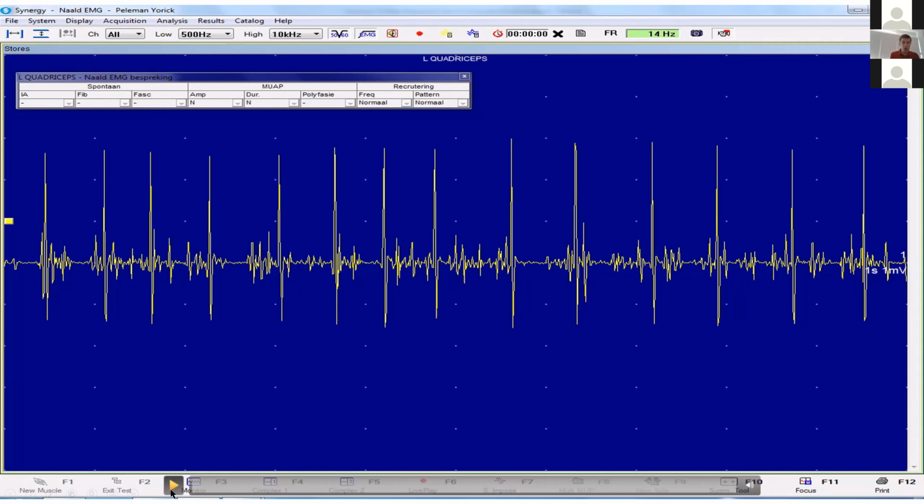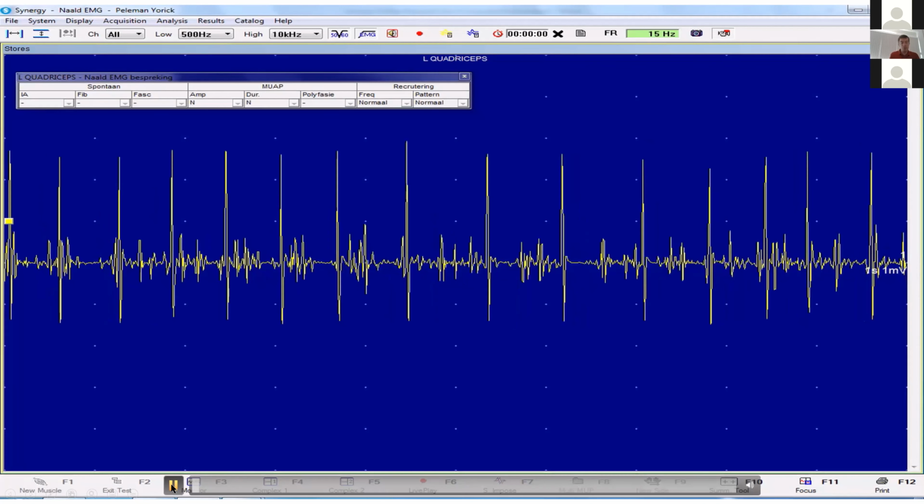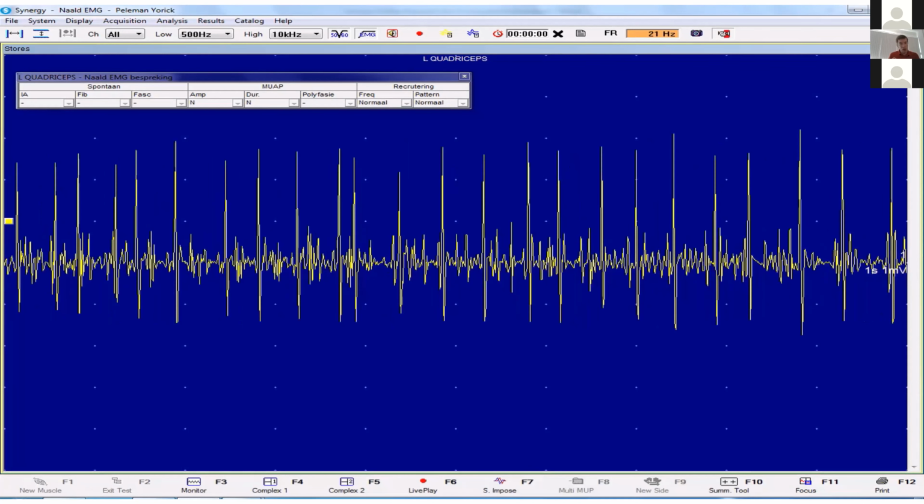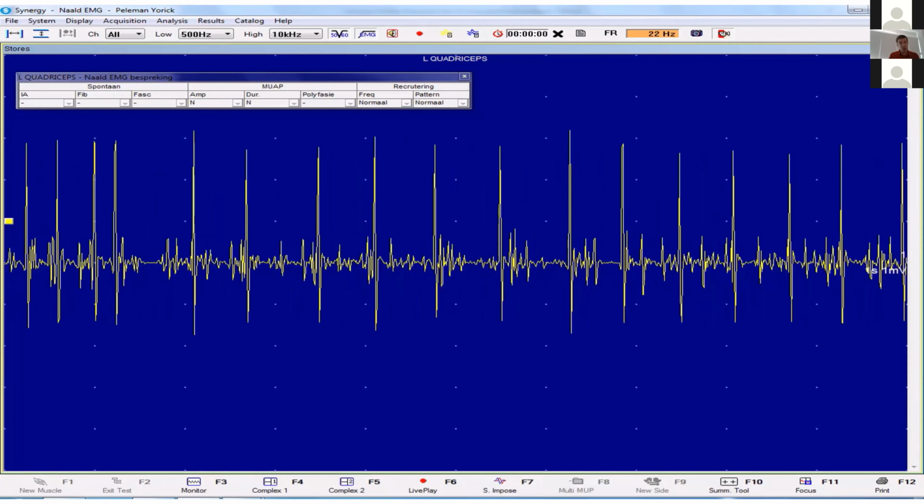We listen to the sound of this reduced recruitment with higher frequency of this motor unit. Listen to the higher frequency, the sputtering motor.